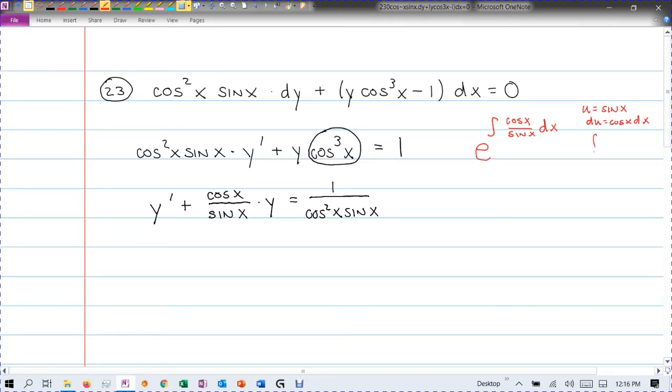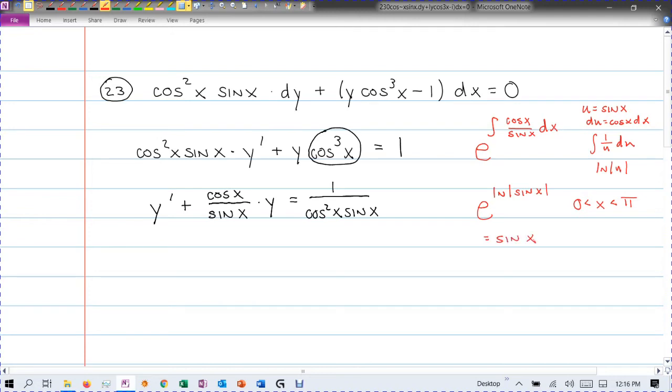That's just going to turn into like 1 over u du. So natural log absolute value of u. So this is going to be e to the natural log of the absolute value of sine x. And sine is only positive if x is between 0 and pi. So this is restricting. And then the e and natural log go away. We'll just get sine x.